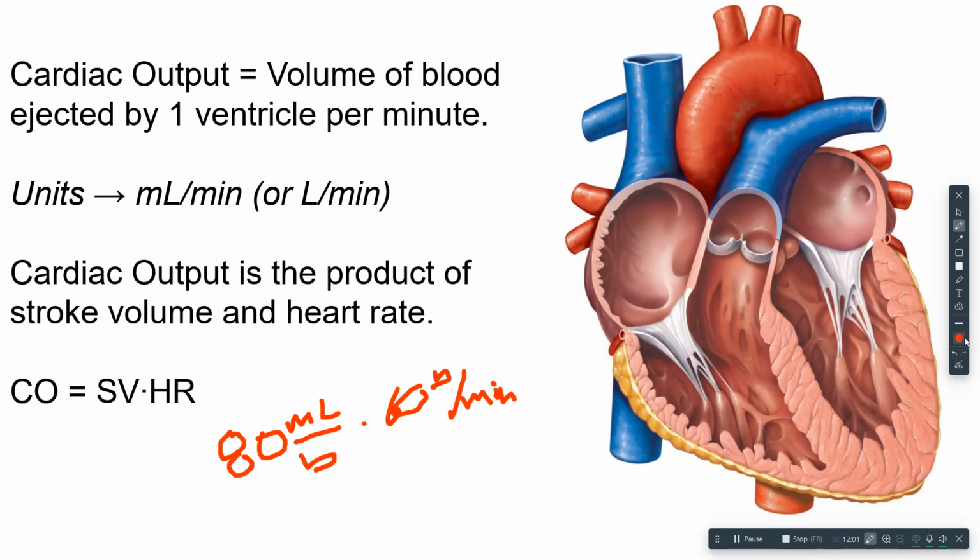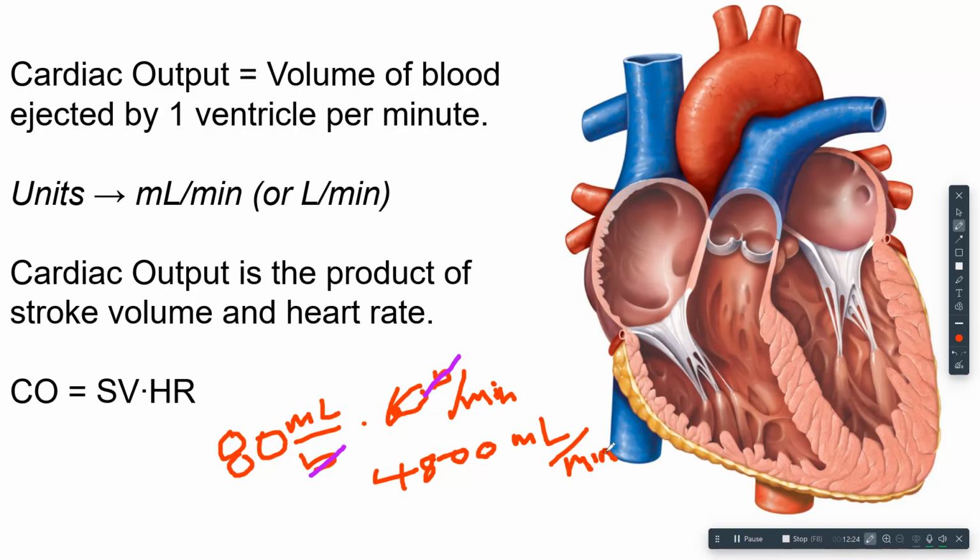Notice that the beats is going to cancel out here. And 80 times 60, you can use your calculator if you need to. Maybe you don't, because 6 times 8 is 48. Add the 2 zeros, and I get 4,800 milliliters per minute.